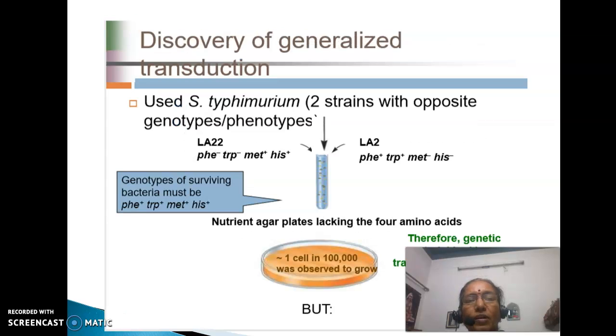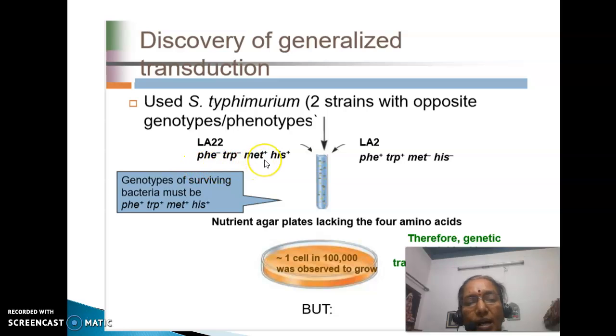First we will look at how generalized transduction was discovered. Here two strains of Salmonella typhimurium are used, which have different genotypes as well as phenotypes: LA22 and LA2. LA22 is defective for phenylalanine; it can't synthesize it. Similarly, it can't synthesize tryptophan, TRP, but it has the capability of synthesizing methionine and histidine.